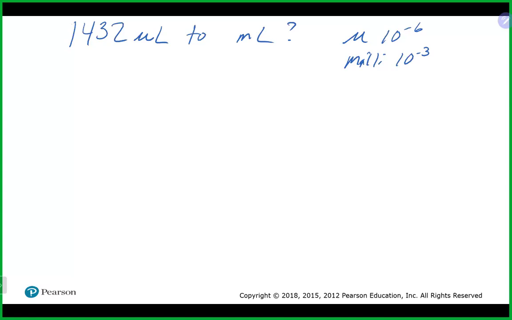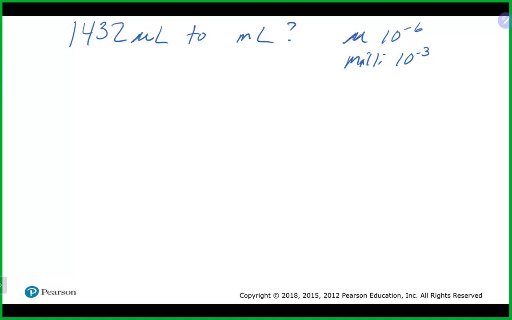By the way, your book likes to use lots of different symbols for micro. They use like MCG or something like that. Some weird symbols sometimes. No, it's actually microliters, it's a symbol for microliters.